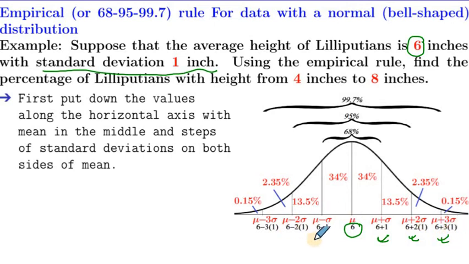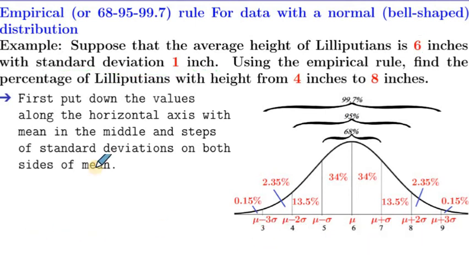On the other side we get 6 minus 1, 6 minus 2 times 1, and 6 minus 3 times 1. So 6 plus 1 becomes 7, then 8 and 9. On the other side, it is 5, 4, and 3.